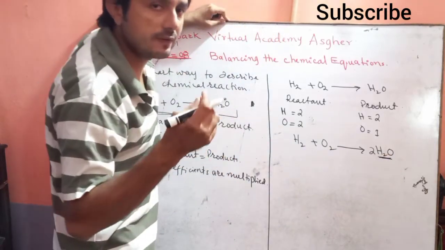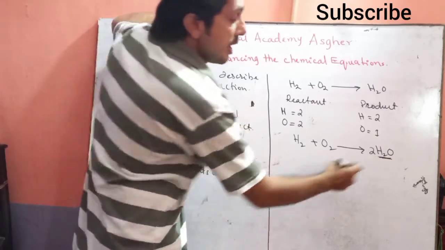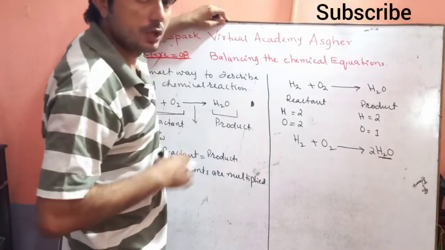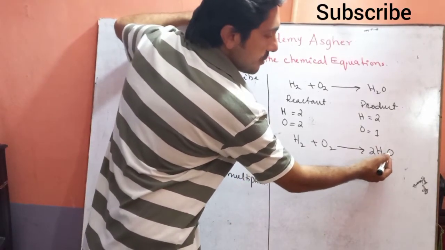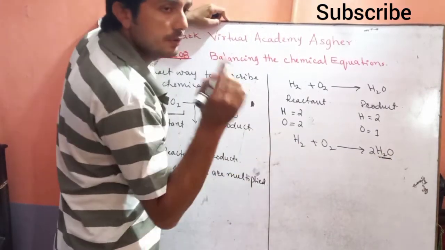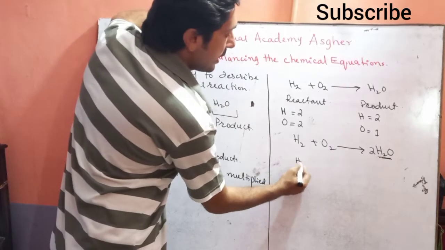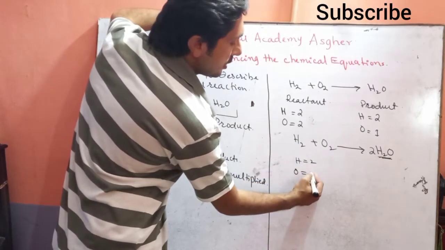So whenever you are multiplying by any number, you have to multiply with the entire compound there. So it means this 2 is now multiplied with this hydrogen, and this 2 is multiplied with this oxygen as well. If you count the atoms again, at the reactant side there are 2 hydrogen atoms and 2 oxygen atoms again.